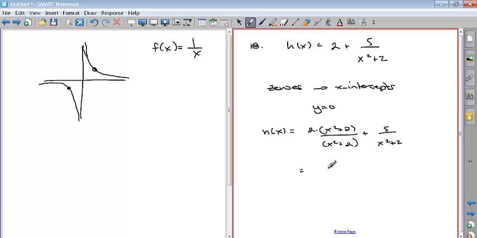In the numerator, you've got 2 times the quantity x squared plus 2, plus 5, and you divide by x squared plus 2. We can simplify it one additional step by combining the like terms. What you've got is x squared plus 9 divided by x squared plus 2.